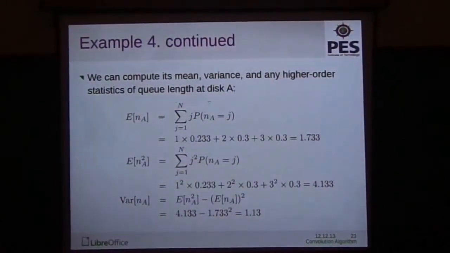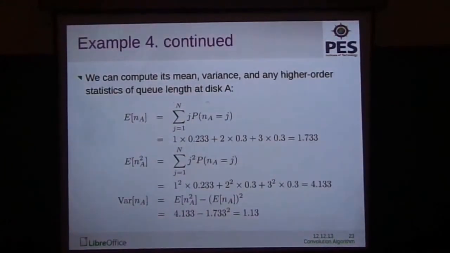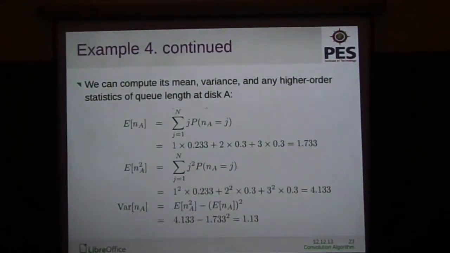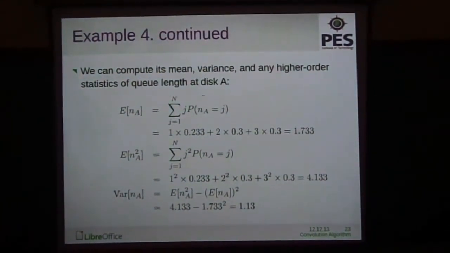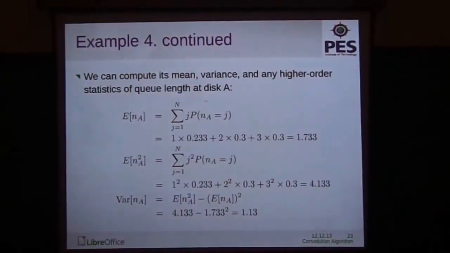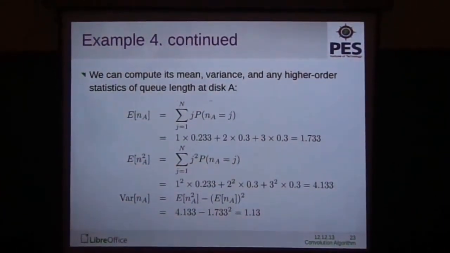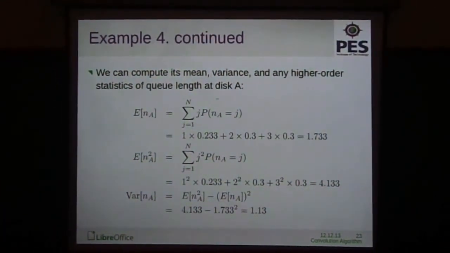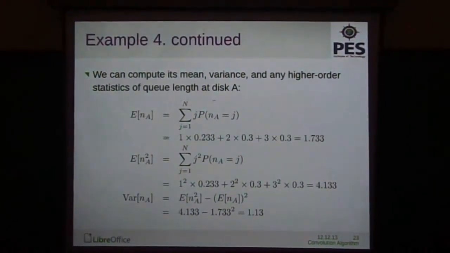E of Na square equals summation of j equals 1 to n of j square P of Na equals j, which comes to 4.133. And variance of Na equals E of Na square minus E of Na whole square, that is 4.133 minus 1.733 square, equals 1.33.